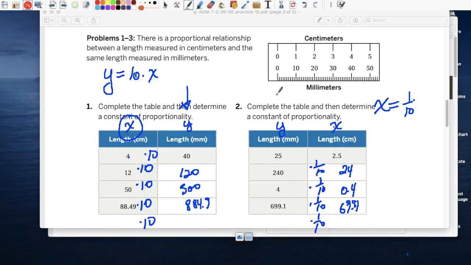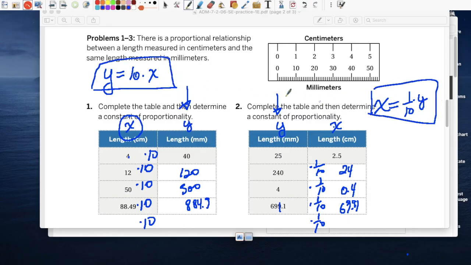Times all these guys in this column. What are those numbers called? They're called y. Look at the equation. They're very, very similar. Here, I'm asking you to find y. Here, I'm asking you to find x. That's the difference. Okay?